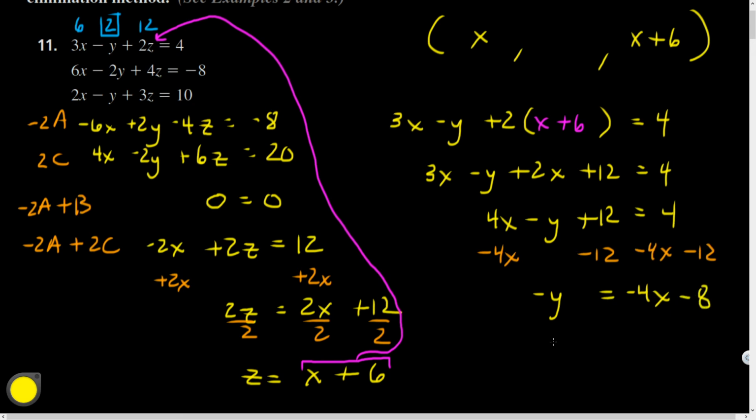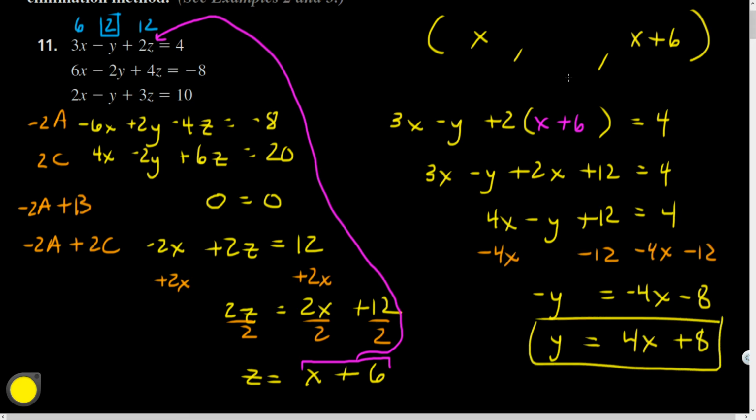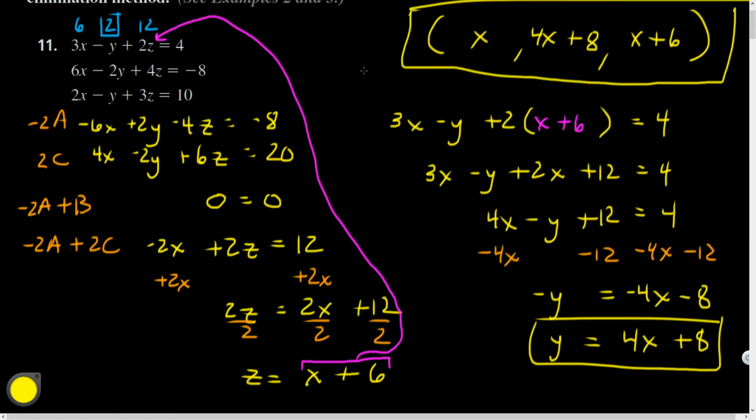And if that's what the opposite of y equals, then the positive version of y is positive 4x plus 8. Good, good, good. And so here is the infinitely many answers are of this form.